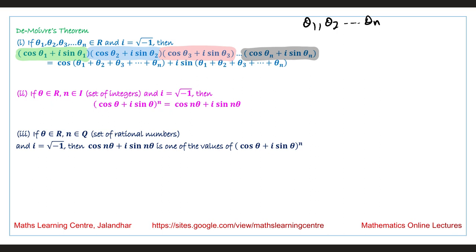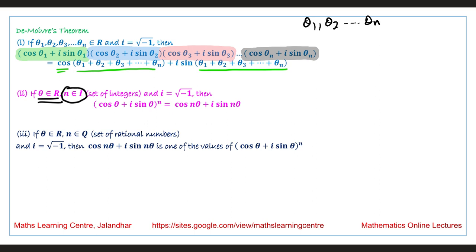If we are multiplying these terms, the answer we obtain is cos of sum of all these angles plus iota sine of sum of all these angles. Next, this result can be extended in this way. We are saying that theta belongs to R again, and n is the set of integers.